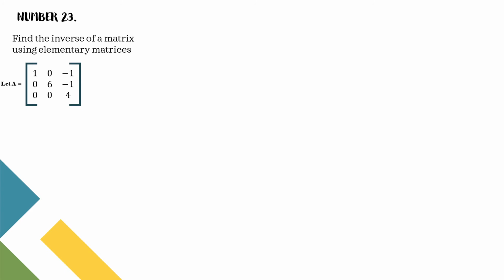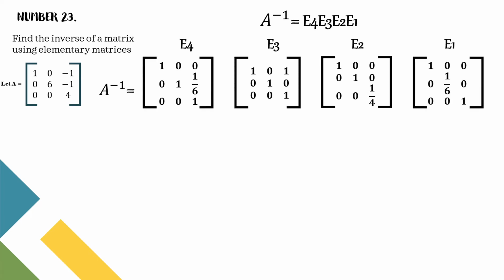Now we solve for the inverse of a matrix using the elementary matrices. Our formula for this is A inverse equals E sub 4 times E sub 3 times E sub 2 times E sub 1.